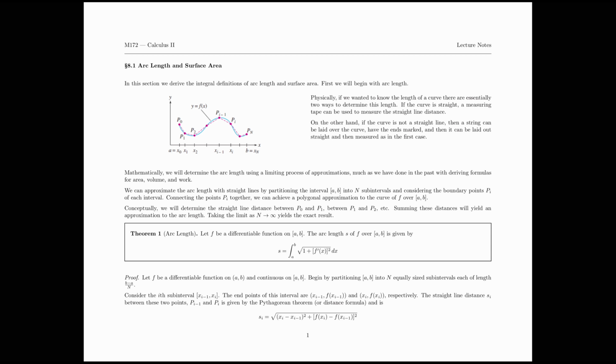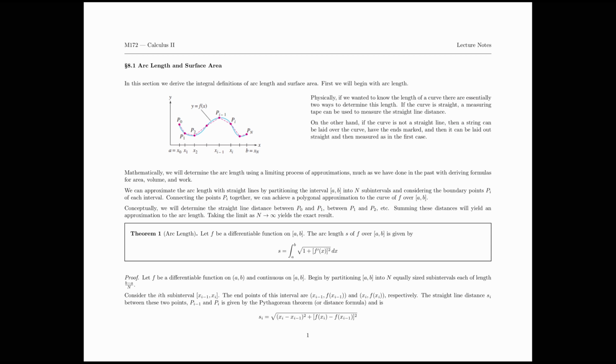If we go from the very beginning to the very end, the straight line distance, that would be the displacement. Just measure the distance from the very beginning directly to the very end. It's not the true distance traveled. Okay, so that would be displacement. If we want the actual distance traveled, that is what arc length is.